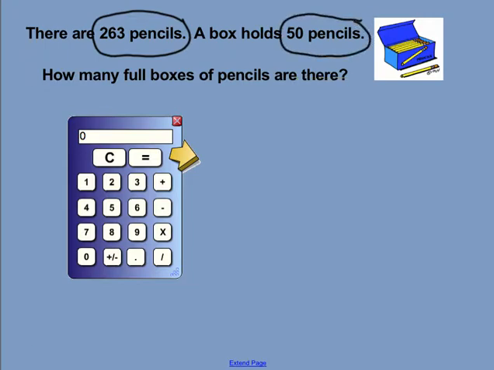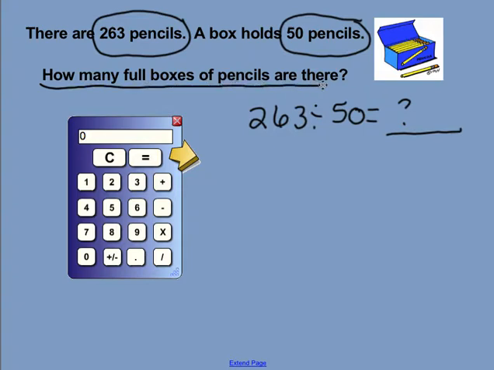So that's division. 263 pencils divided by boxes of 50, so groups of 50. And we don't know the answer to that. We could draw pictures and figure it out, but I really don't want to count up to 263. So we're trying to find how many full boxes. That means boxes where there's going to be 50 pencils in each of them. No more, no less.